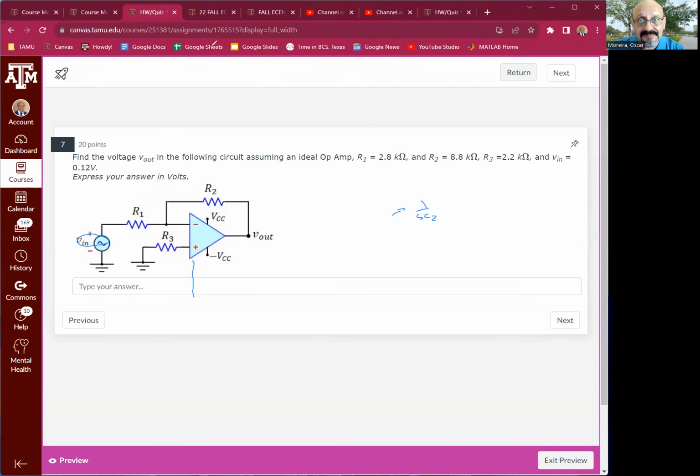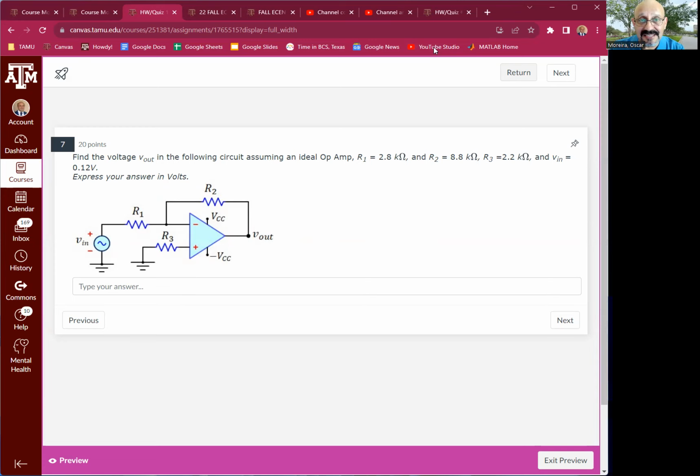Okay, next problem. It's a very basic operational amplifier. This is just to remind basic analysis. So we're given the values of the resistors, and the input voltage. You just have to identify what configuration this operational amplifier is connected into, and apply the very basic operational amplifier techniques.